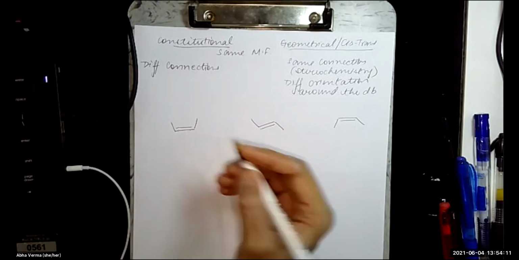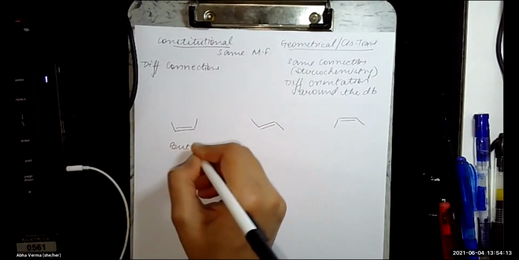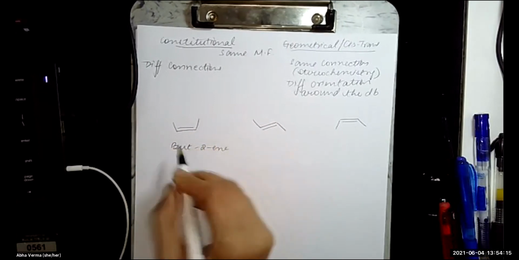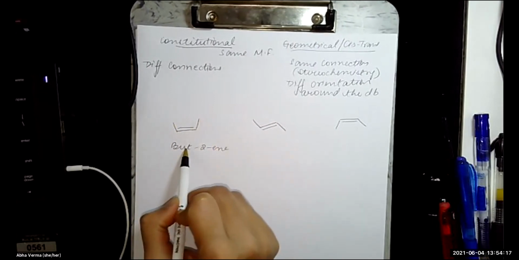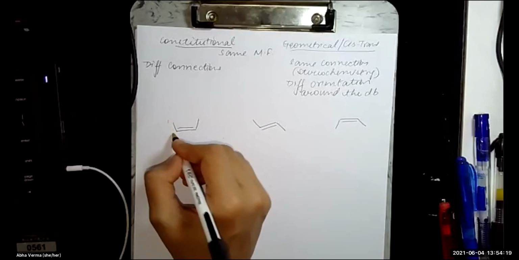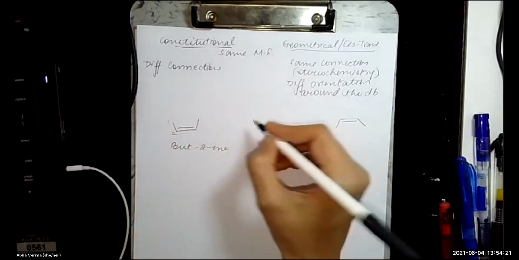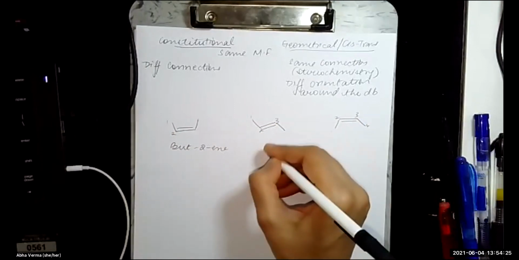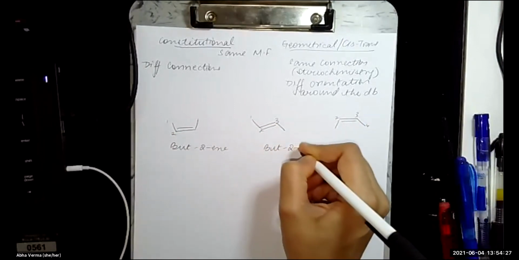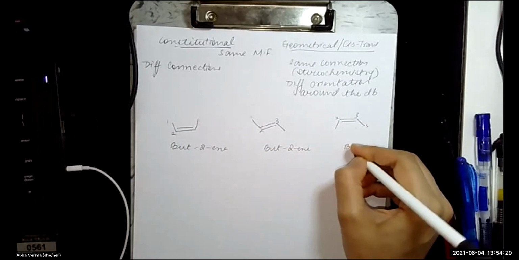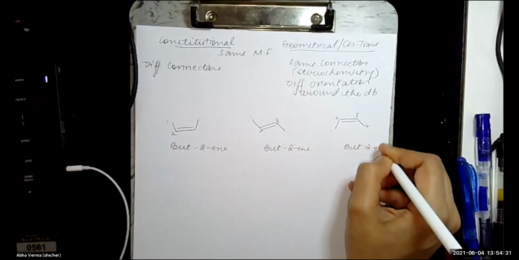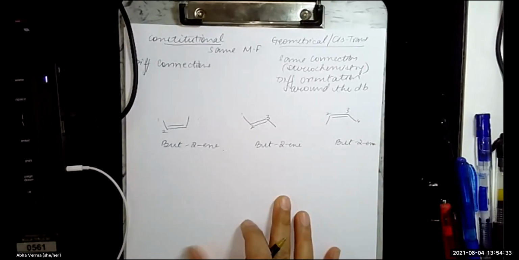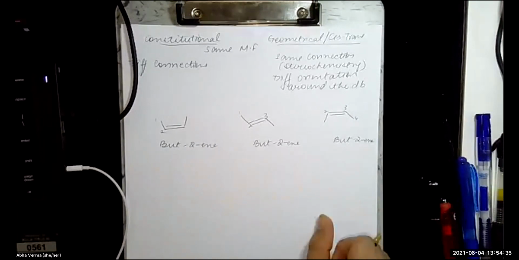What would be the name of this compound? But-2-ene. Why but? 1, 2, 3, 4, 4 carbons. The alkene is at the second carbon. Similarly here, but-2-ene, but-2-ene. To a normal layman, all of these are the same compounds.